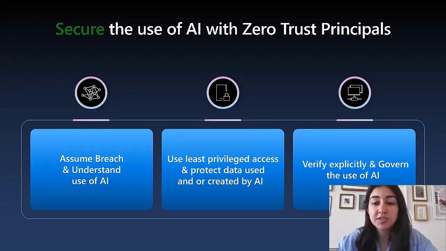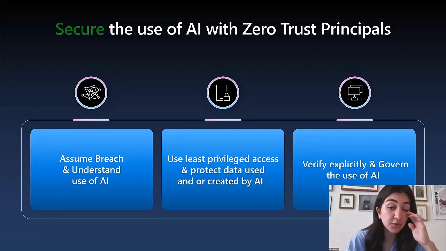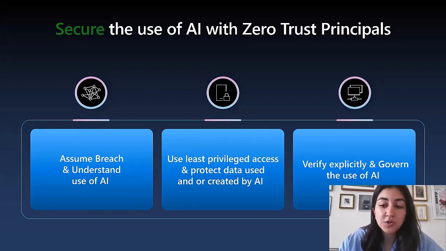So how can you understand the use cases of your application? Who has access? A lot of this comes with understanding your own risk tolerance, but then you also want to use AI to enable and accelerate zero trust. So you want to think about how AI can help detect and block threats and make you more efficient in resolving the gaps that you have in your zero trust posture.